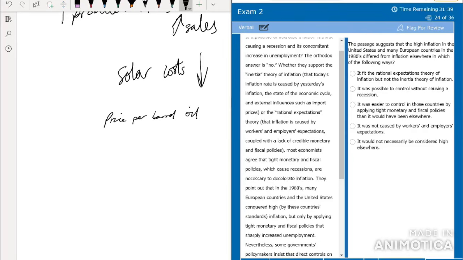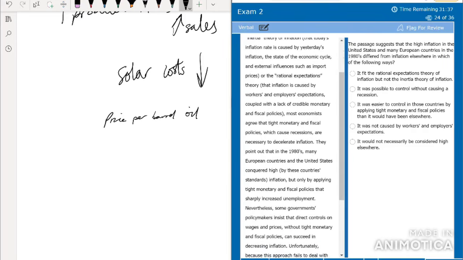They point out that in the 1980s, many European countries and the United States conquered what was high by these countries' standards inflation. Okay, so the inflation is different. It did cause recession, fine. Right, by these countries' standards, it would not necessarily be considered high elsewhere.